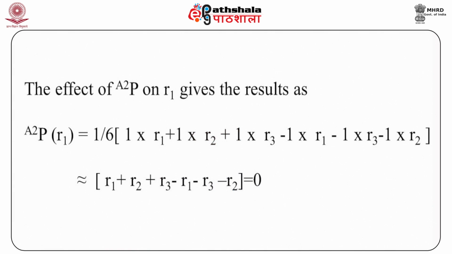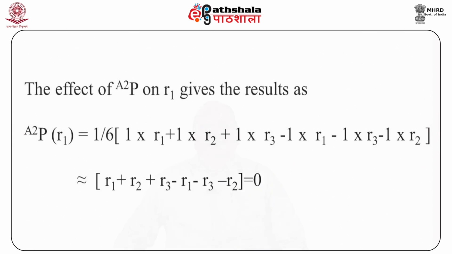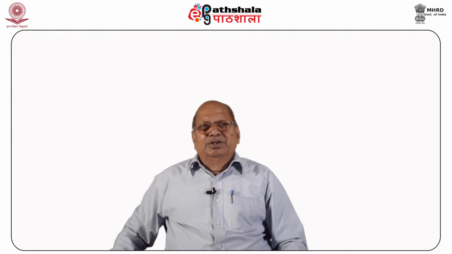The effect of A2P on R1 gives the result as A2P R1 is equal to 1 upon 6 within bracket 1 into R1 plus 1 into R2 plus 1 into R3 minus 1 into R1 minus 1 into R3 minus 1 into R2. That is, the net result is 0.